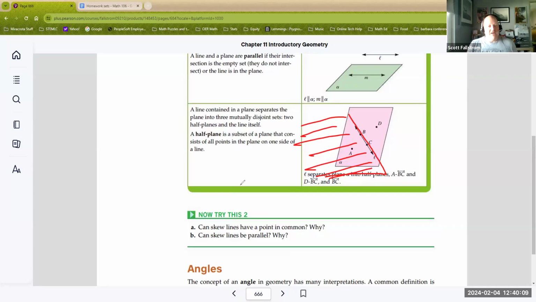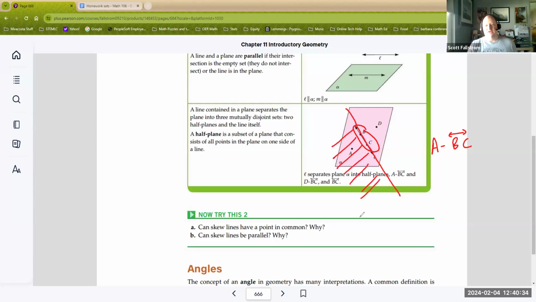Now, the way we label a half plane is we take the line, which we have as line BC, and we say BC with the line symbol, and then we add on a point, whichever point on which side we want. So if this line cuts right down the middle, making the plane into half of a plane, which half do you want? You could say, I want the side with A. Got it. So that's this side over here.